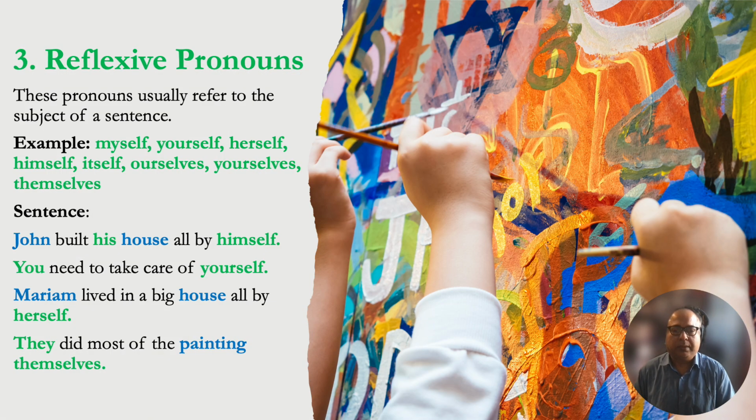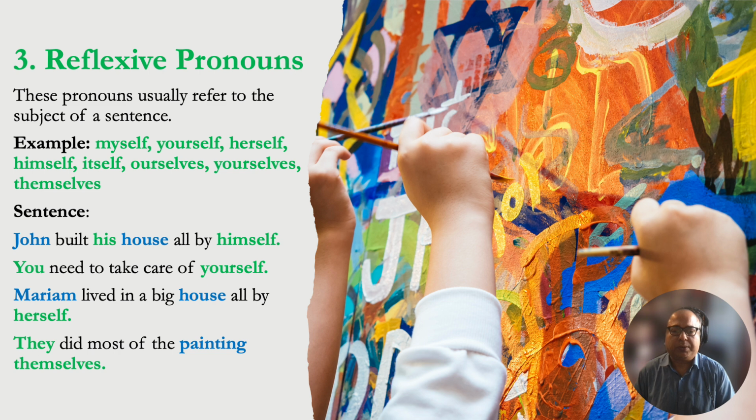Next up, reflexive pronouns. They refer to a specific subject of a sentence, such as myself, yourself, okay? Ourselves, yourselves. So they refer to the subject. So let's look at some of the examples. John built his house all by himself. So who is this himself?